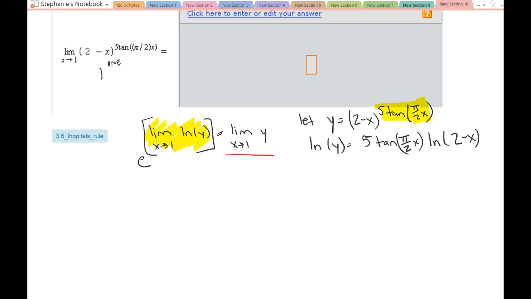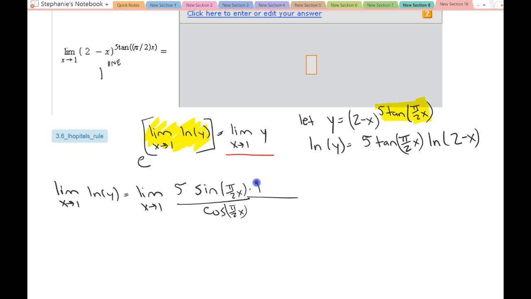So now I really want to deal with finding the limit as x goes to 1 of ln of y, and I'm going to write that as the limit as x goes to 1 of 5. In this case, tangent's undefined, so I'm going to write that as sine of pi over 2x over cosine of pi over 2x.